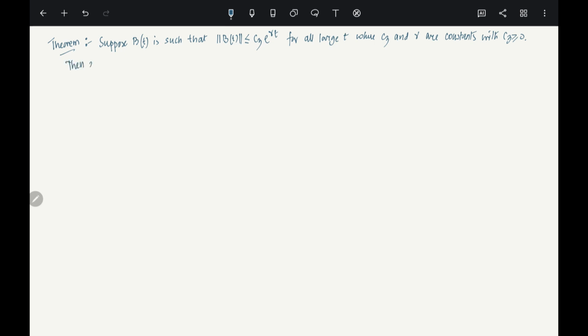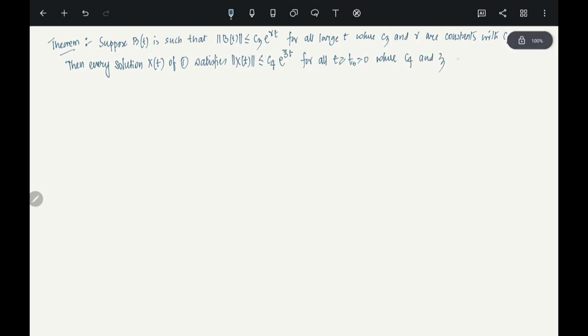Then what we can say is every solution x of t satisfies that the norm of x of t is dominated by some constant c4 times exponential xi t, for all t large enough, that is t greater than or equal to t naught, which is greater than 0, where c4 and xi are constants with c4 greater than or equal to 0.